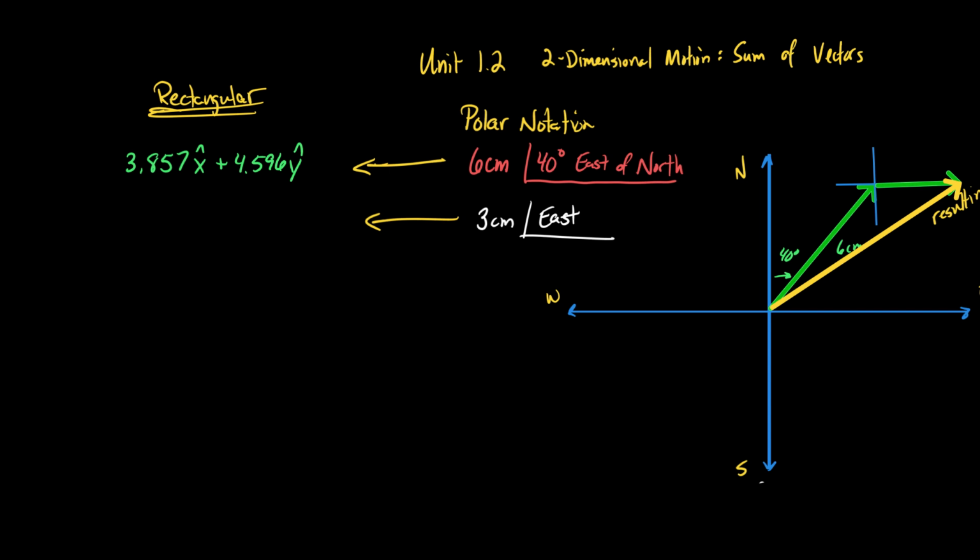All right? Now you have to do this for every vector you're given. So we have another vector, 3 centimeters due east. Now luckily this one is due east, so is there any component in the y direction? No, so we can just write this as 3x hat plus 0 y hat.